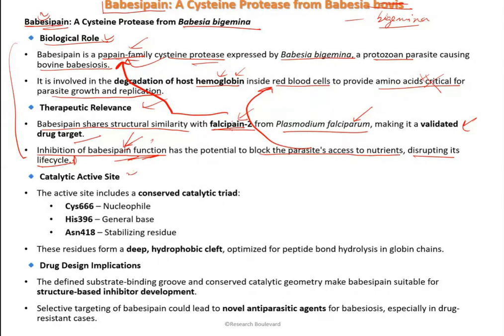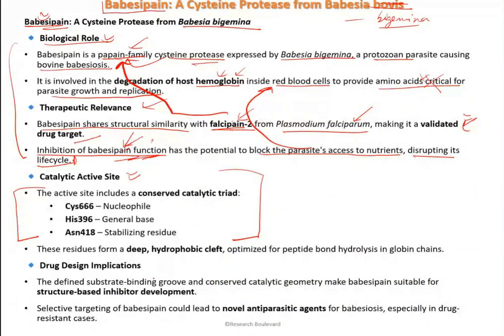So what are the catalytic sites? You may not find this in your target protein, but if it is an established or validated drug target, you will easily be able to find the active site residues.